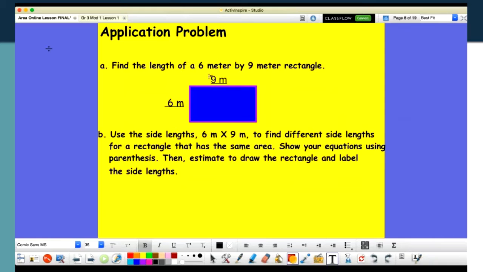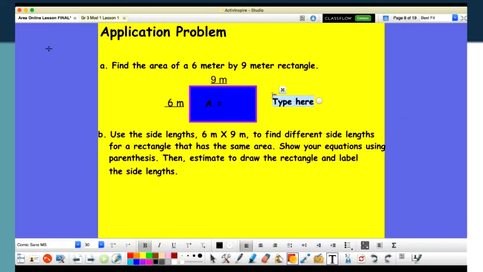If we have a rectangle here, part A says to find the length of a 6 meter by 9 meter rectangle. All right, so I have a side length of 6 meters and a width of 9 meters. So what I'm looking for here is the area. This should actually say find the area of a 6 meter by 9 meter rectangle.